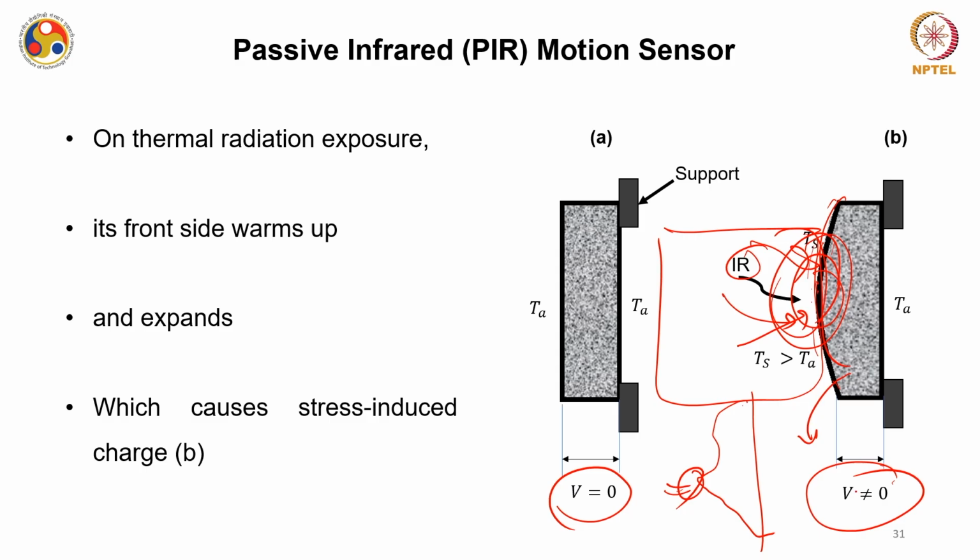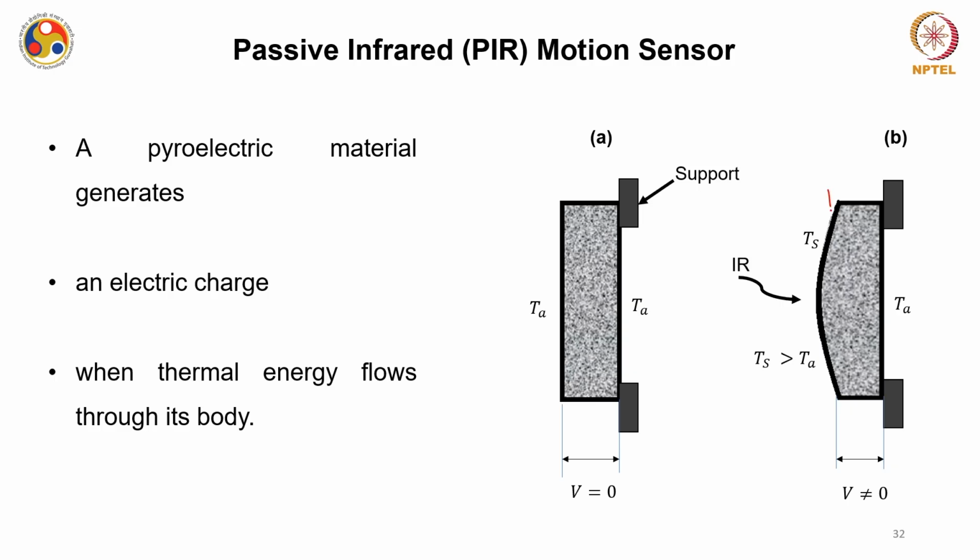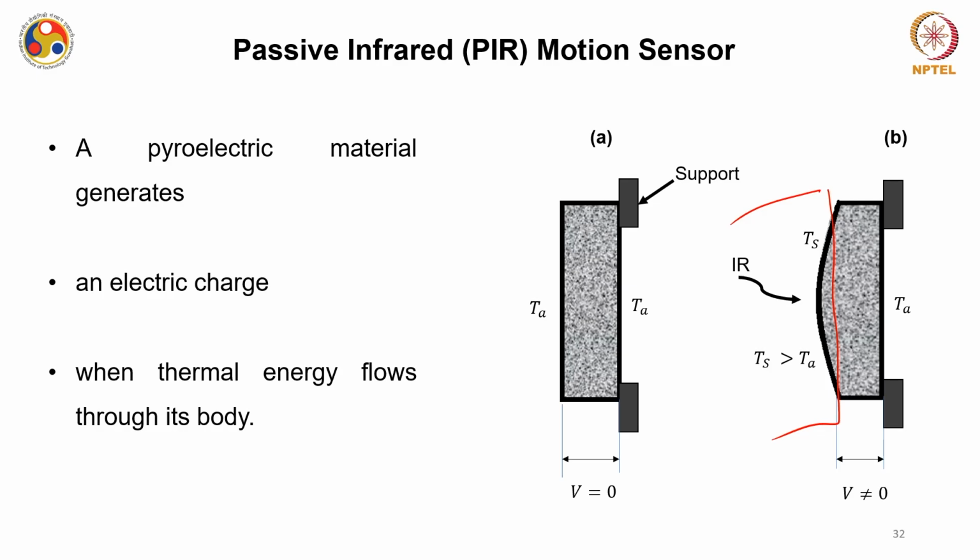So this voltage is now a non-zero value. What you are using is an indirect way of generating charge by the pyro and piezoelectricity phenomena. A pyroelectric material generates electric charge when thermal energy flows through its body. If you remember, we have discussed that these are not temperature detectors, but a heat flow kind of detector.